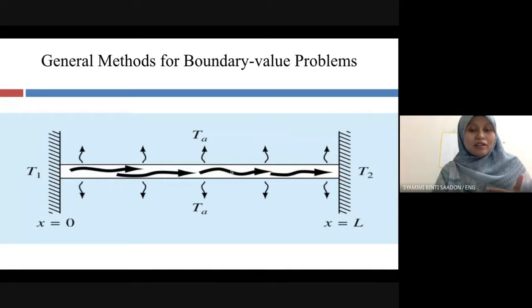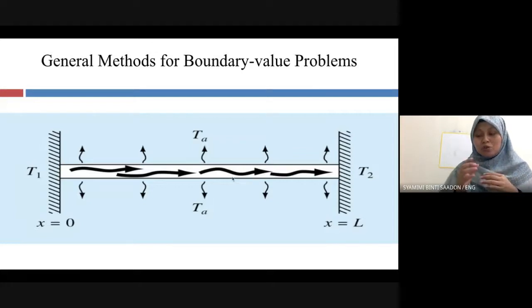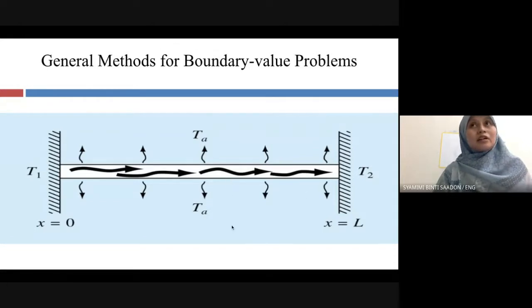When we have two fluids, or a solid and a fluid, with different temperatures, normally a heat transfer process, which is convection, will occur throughout the rod. So the rod will exchange heat with the ambient. This is a normal general problem for heat transfer.